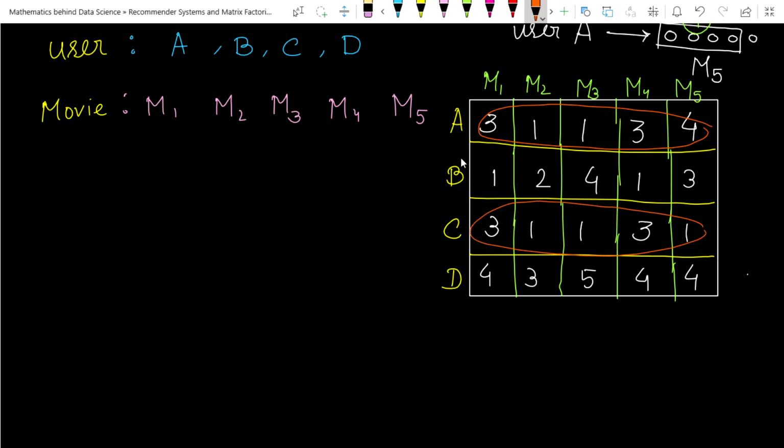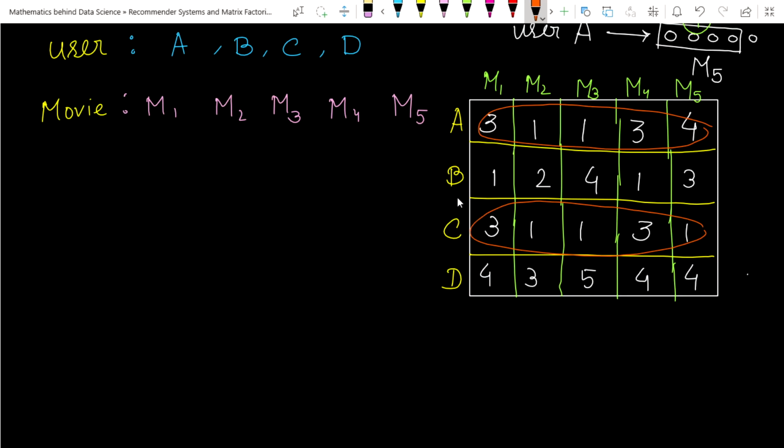If you visualize this row, that means what? Users A and C give the same rating for each movie. This means the A row and C row are equal. That means the choice of user A and C are the same.